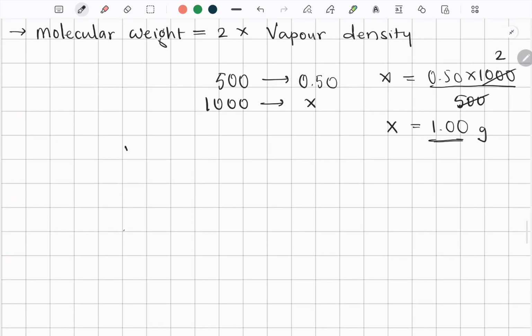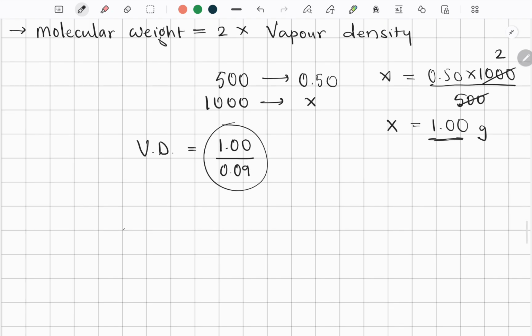If you want to calculate vapor density, the vapor density is equal to 1.00 divided by 0.09. When you solve this fraction, you get the answer 11.11. It recurs, so we stop after the 2 decimal points, which is 11.11.